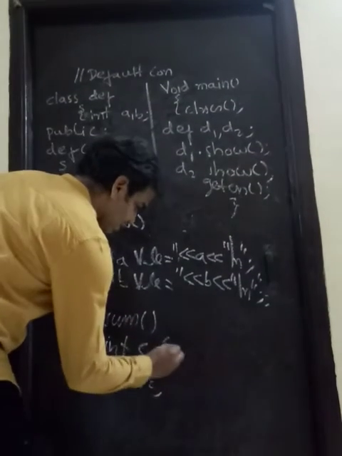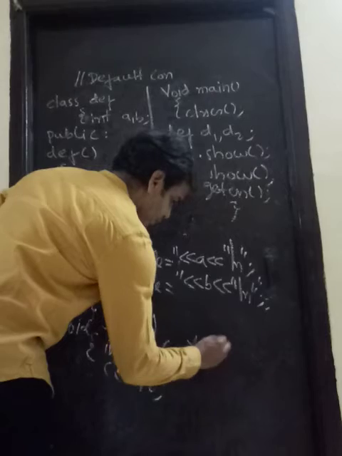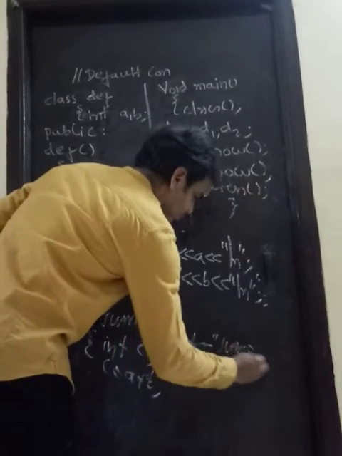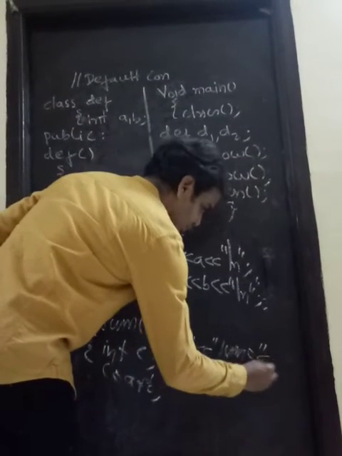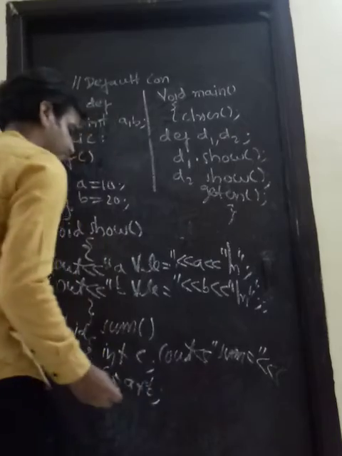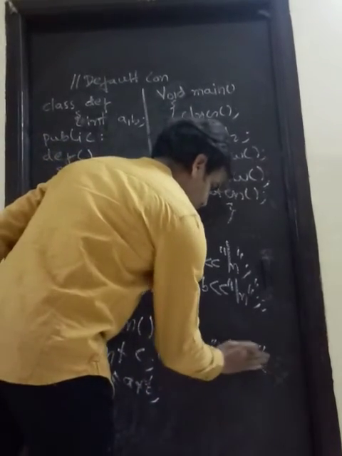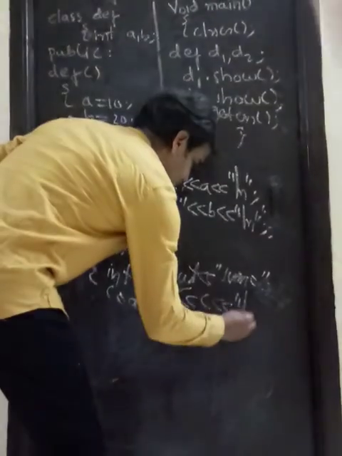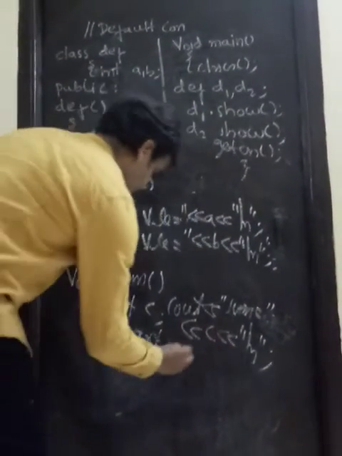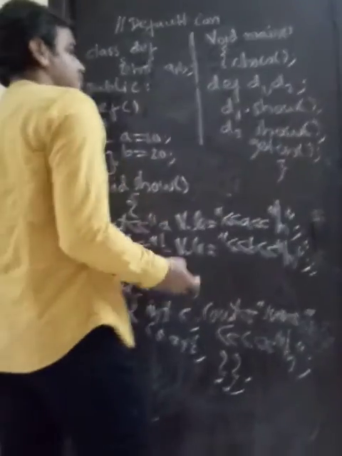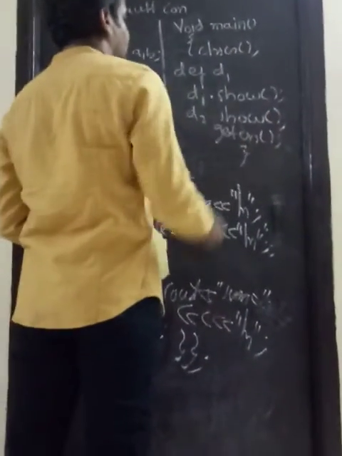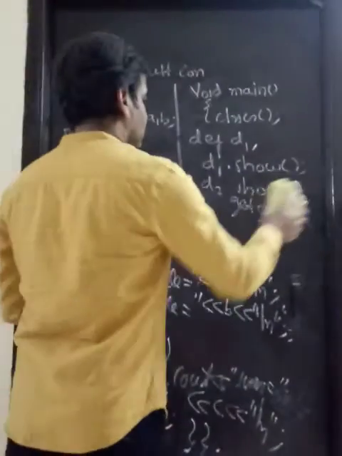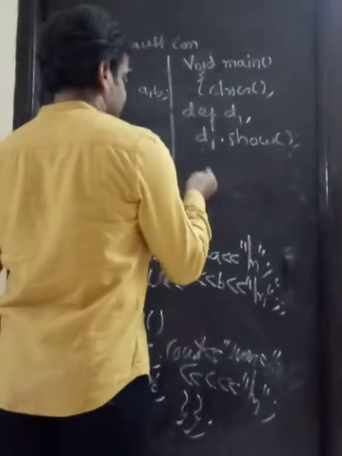Then I am displaying c out: Sum is equal to c, and then closing. So d1 and d2 were created twice. Now here I am creating only one object, the d1 object, d1 dot show, then d1 dot sum.